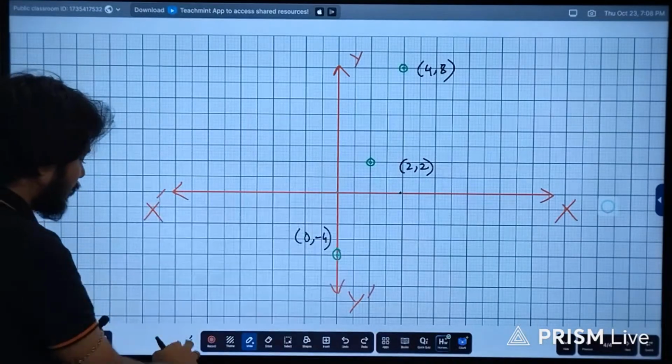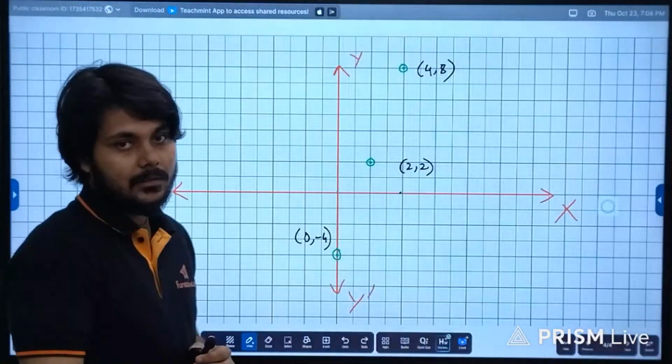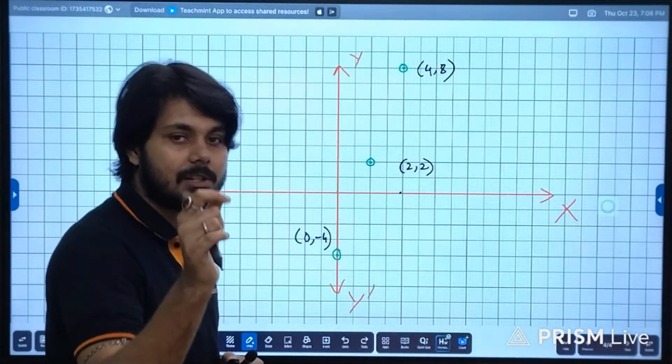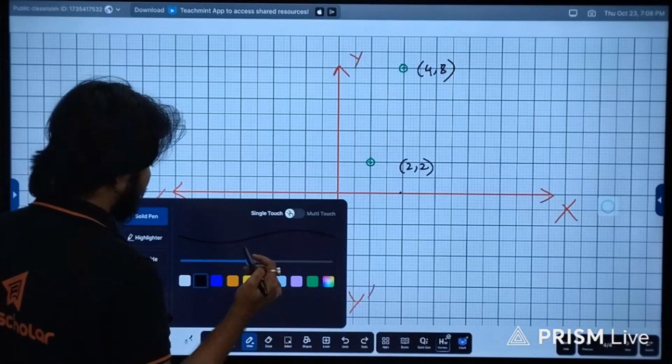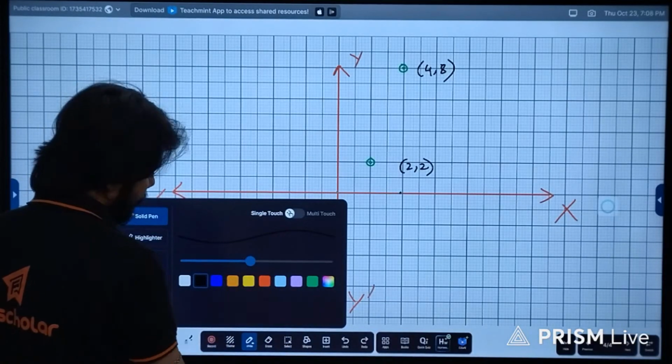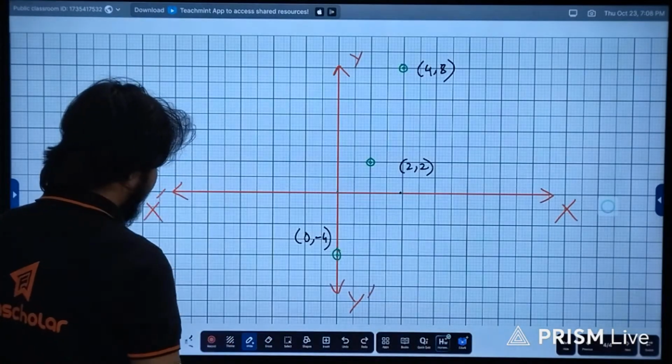Now what are we going to do next? We will just join these 3 points and form a straight line. I will choose this purple color for making the straight line.